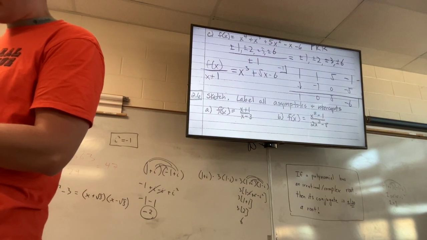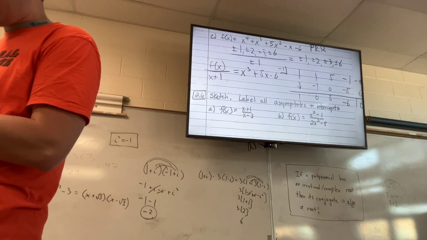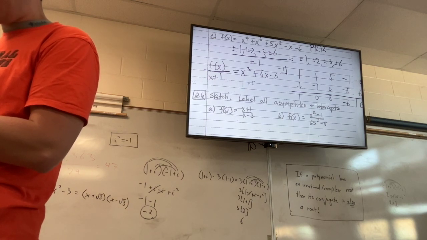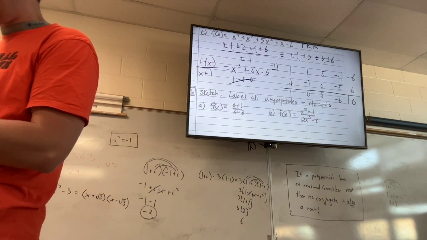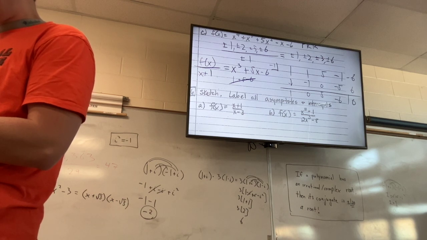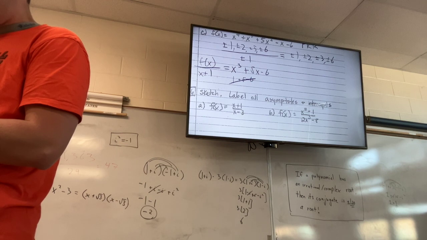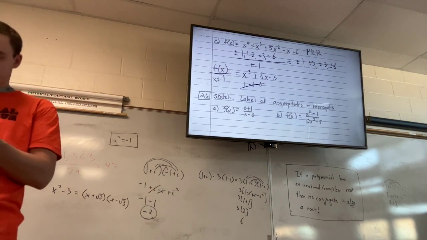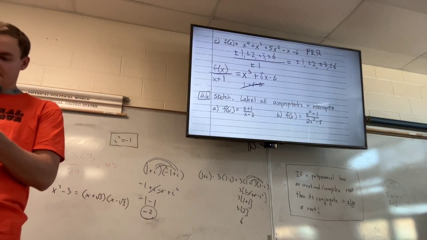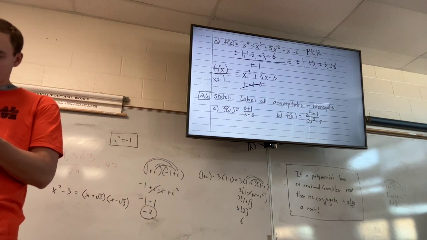So if we do +1, that gives us 1 cubed plus 5 minus 6. So +1 is another root. So we're going to divide this by +1, which gives us a factor of x minus 1.